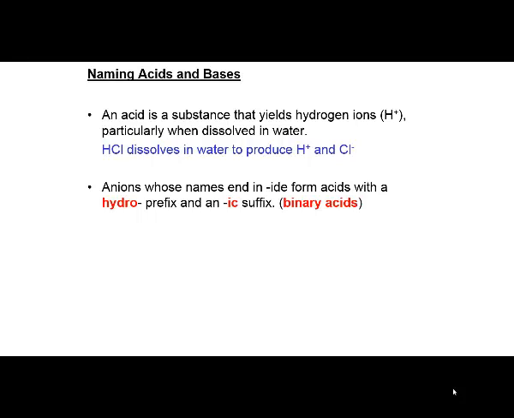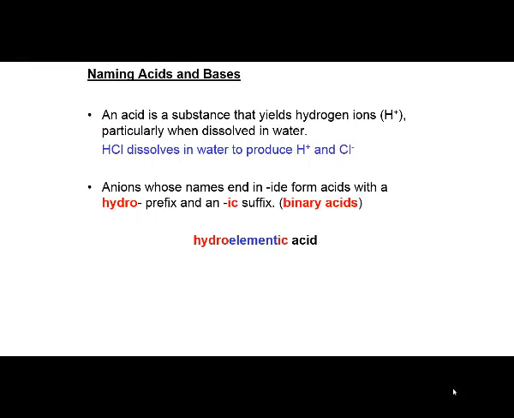Now realize if I see that hydro prefix, you should not be showing me an acid formula with an oxoanion present. They should be an acid formula with one of my monoatomic ions, or at least one of my simple -ide anions, as we'll see shortly. So let's see how I might build the name for a binary acid.